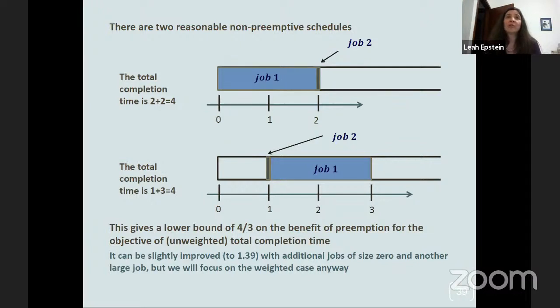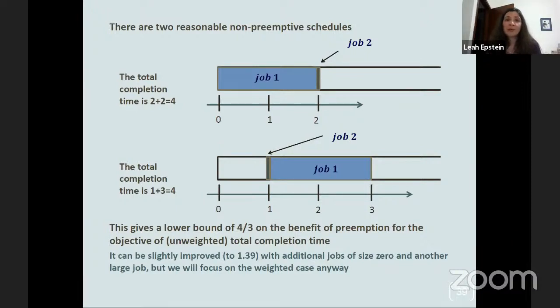These are the only 2 reasonable schedules because there's no point to delay anything else. And no matter what you do, the total completion time is going to be 4. Either both are completed at time 2, or job 1 that has size 2 needs to wait and it is completed at time 3 instead of time 2. This is actually a lower bound on the benefit of preemption for this problem.